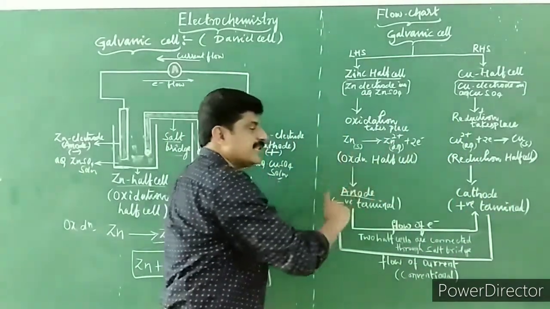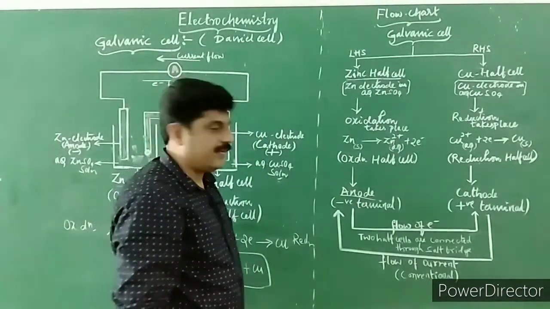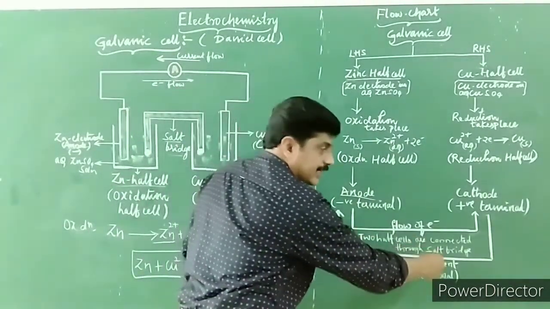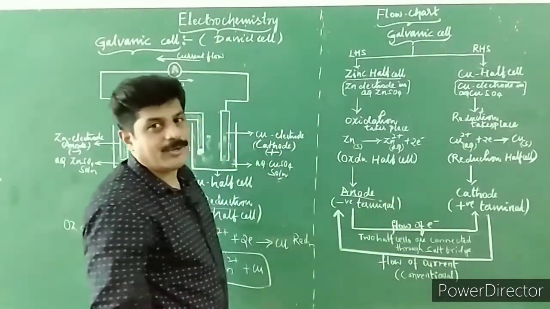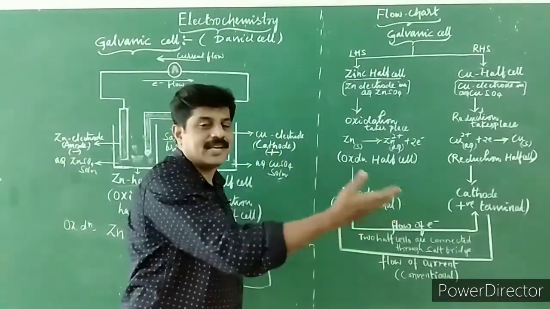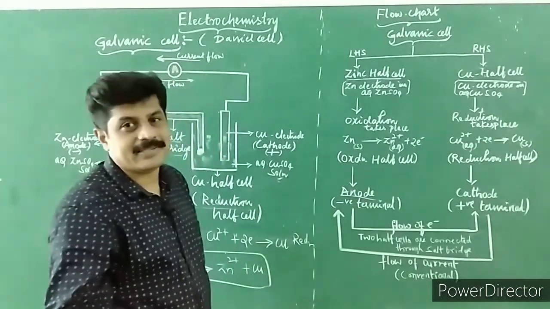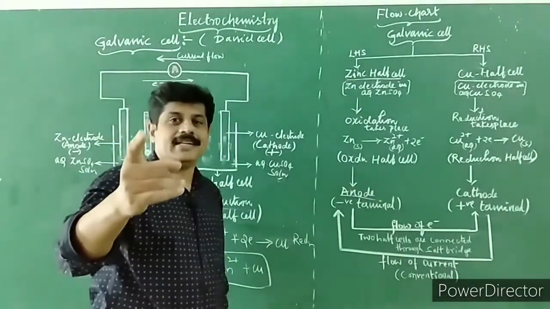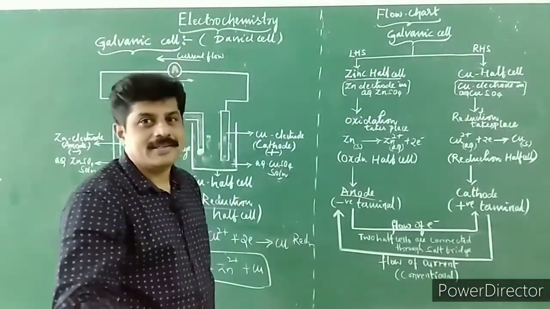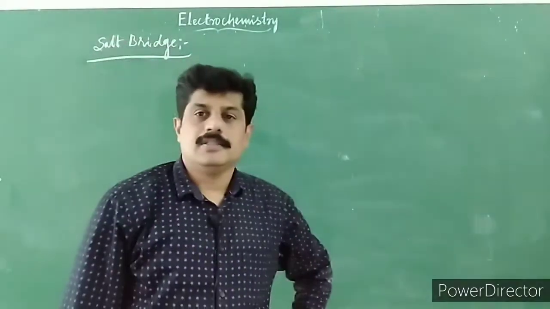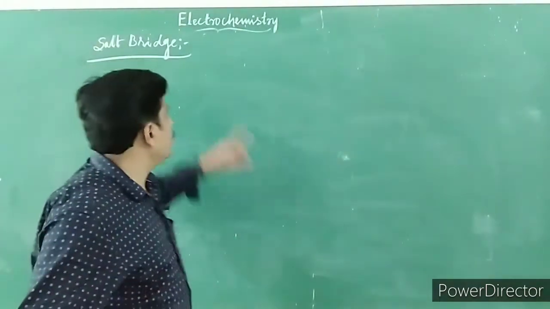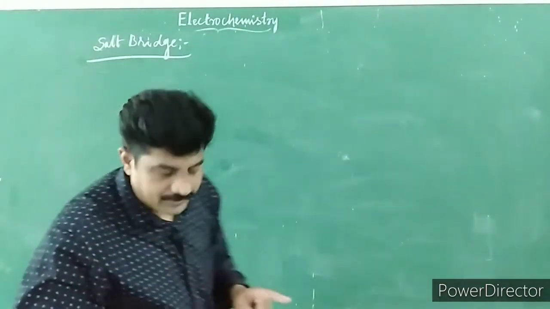When the two half cells are connected by an external wire and internally by a salt bridge, oxidation and reduction reactions get completed and it results in the production of electric energy from chemical energy. Hope you got it.